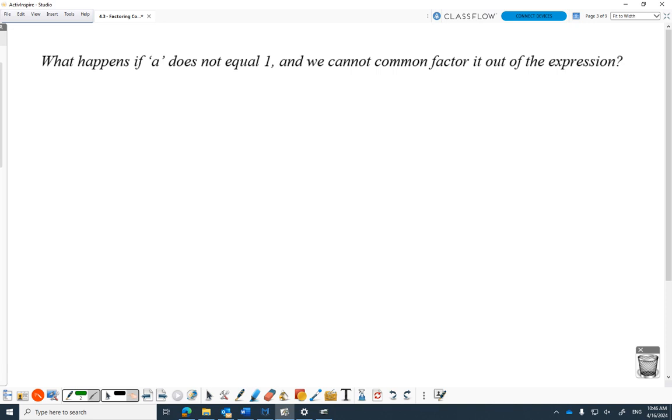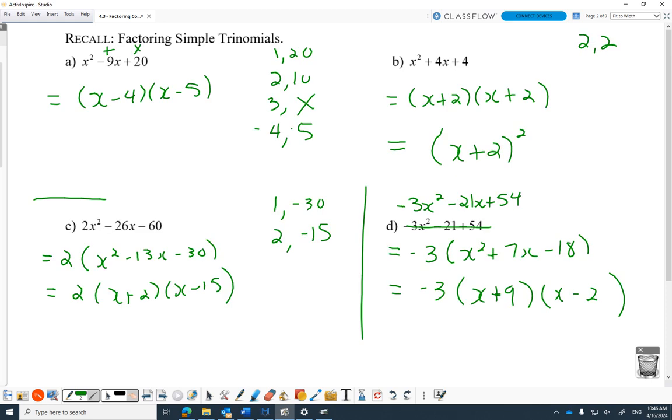What happens if A is not equal to 1 and it doesn't common factor? Decomposition. You've heard the word. Does it mean the same thing?